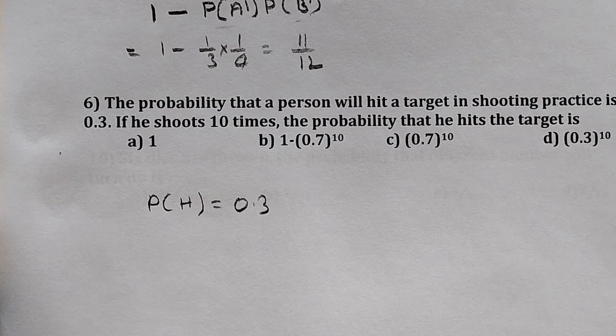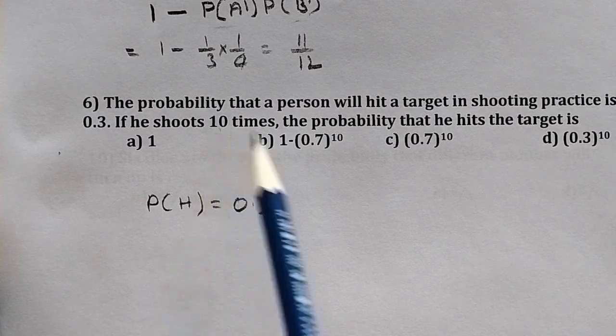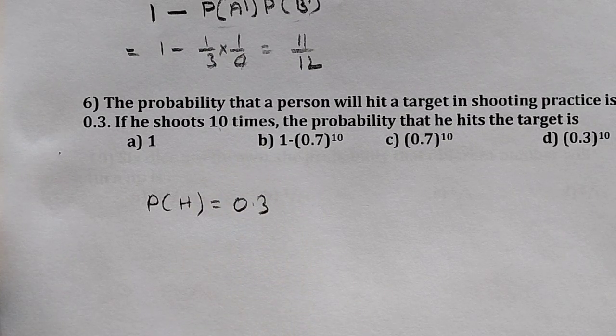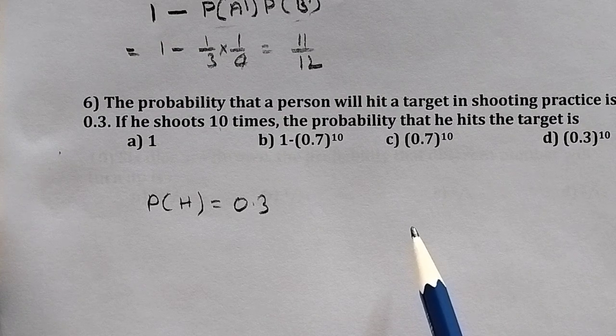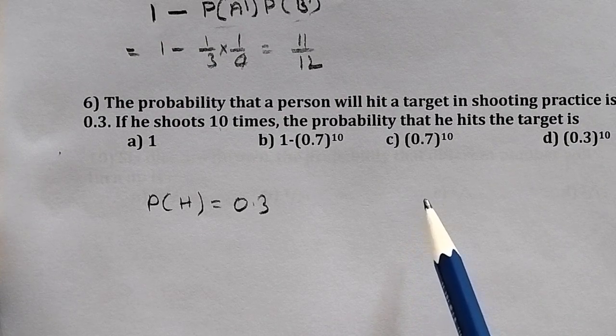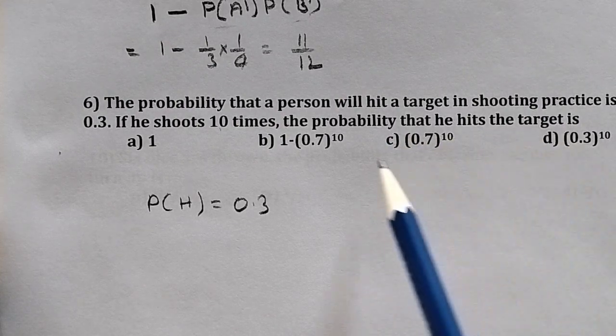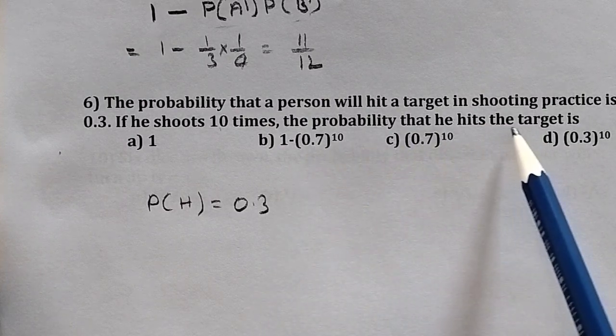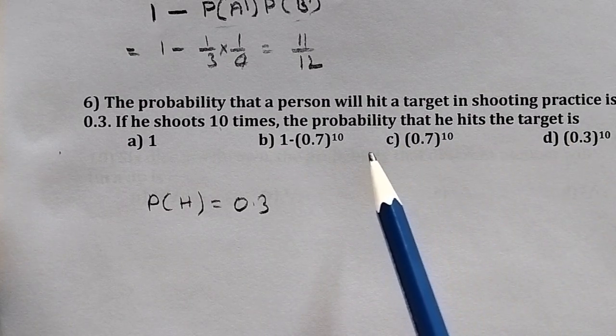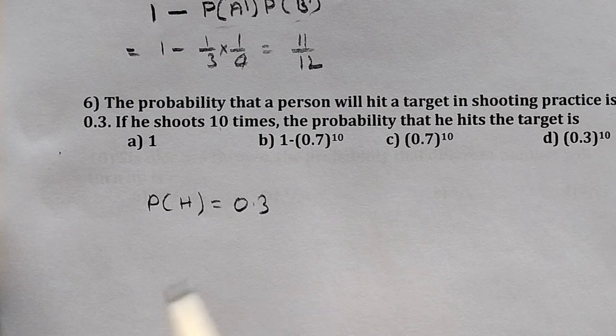So in place of 10, I am taking 2 times. A person trying 2 times only, what is the probability of at least hitting the target? At least this is also equal to at least one time he hits the target.